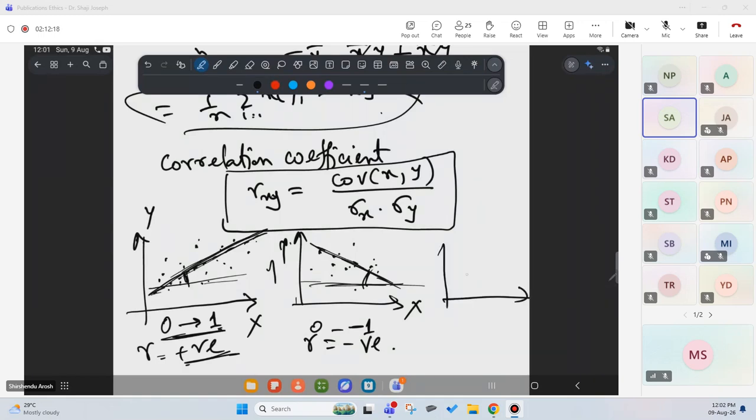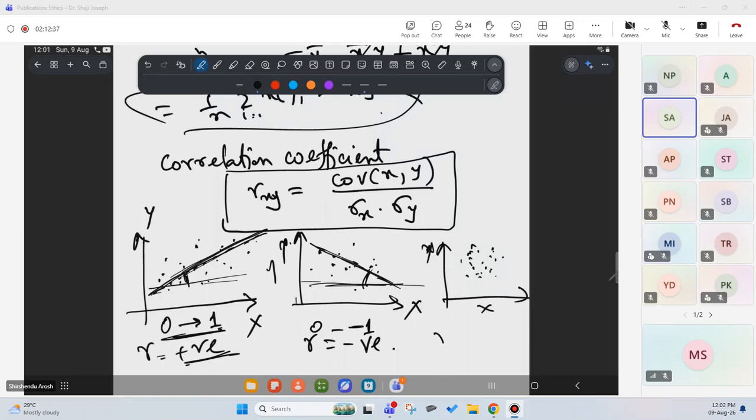Third case would be if there is no concrete pattern between x and y, and the increase or decrease of x and y does not give you any kind of pattern in terms of the other parameter.